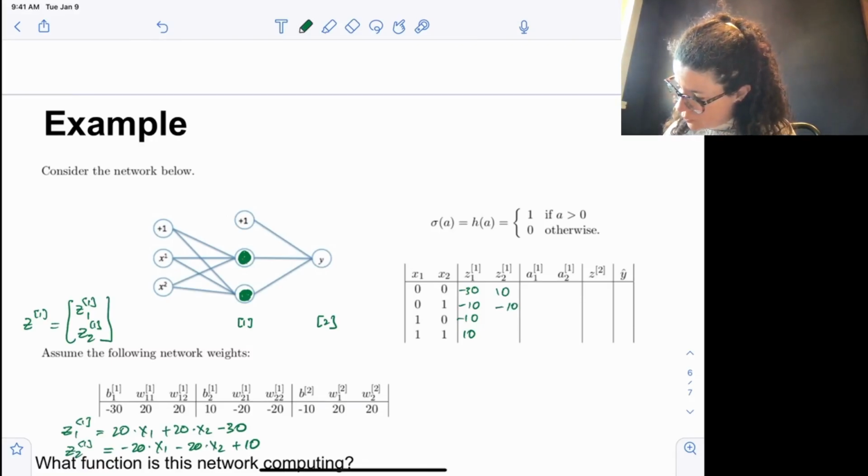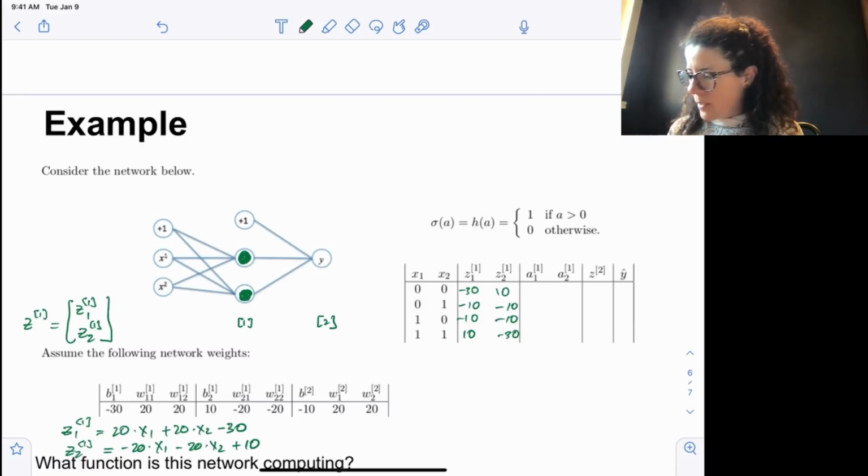In the other case we also get minus 10 because we get minus 20 plus 10. And in the last case we get minus 30, right? Because we get minus 40 plus 10.